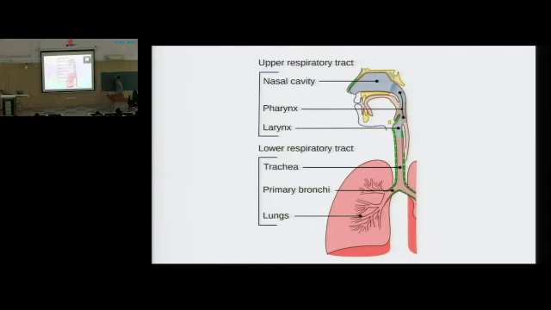So moving on to lobular. What is a lobule in the lung? It is the combination of 3 to 5 terminal bronchioles.